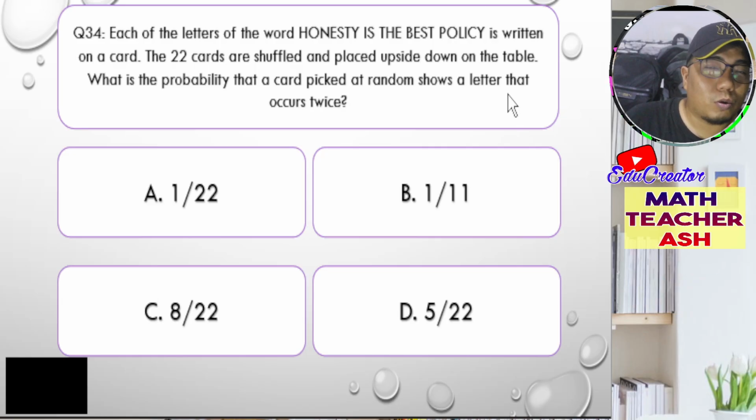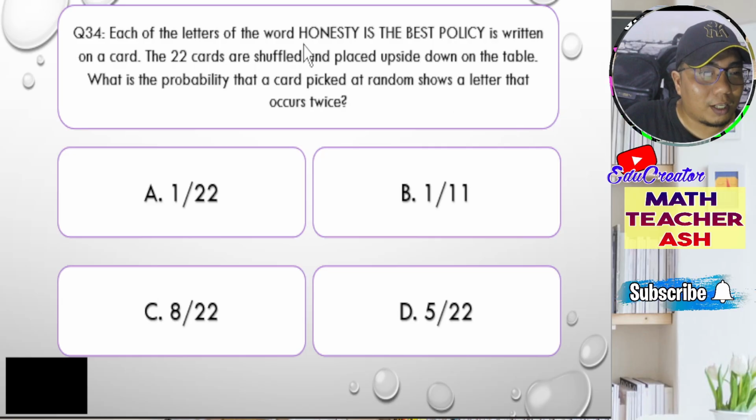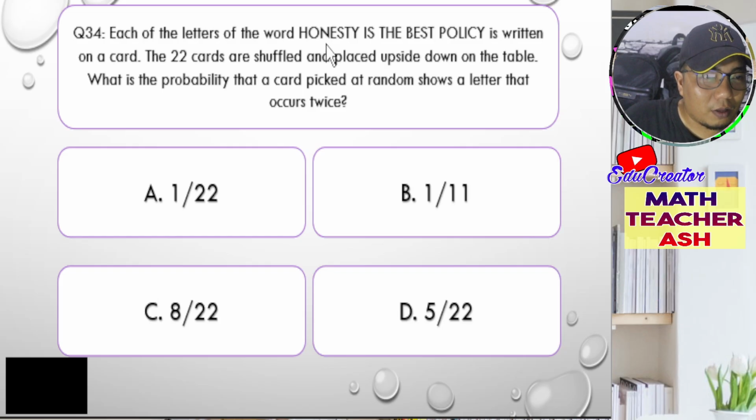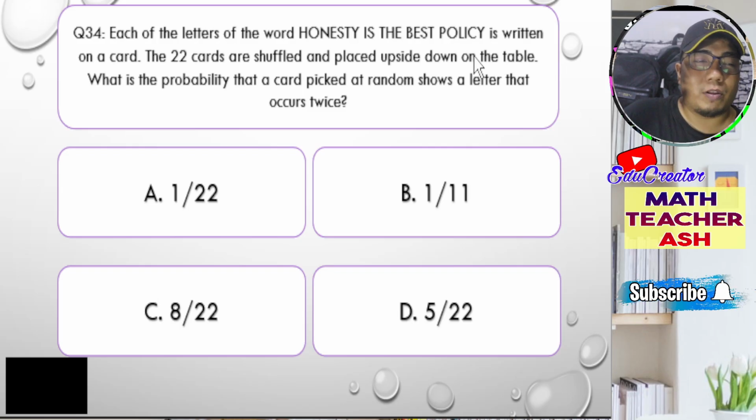So we will check on those letters that occurred twice. Let's check letter H. That is twice. O, another twice. E, that is 3 times. S, that is 3 times also. T, that's 3 times. Y, twice. So we already have H, O, and Y.